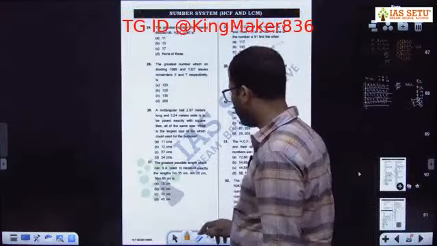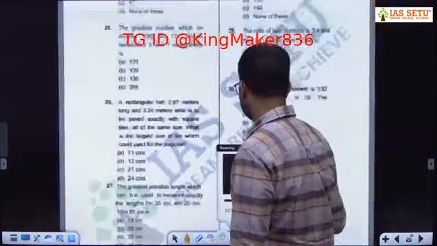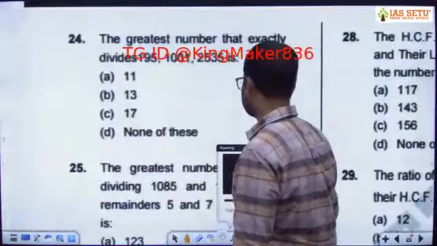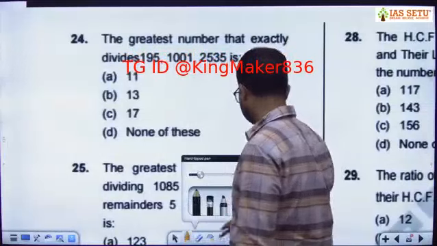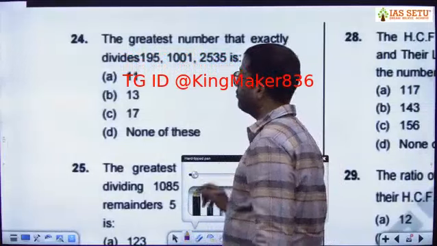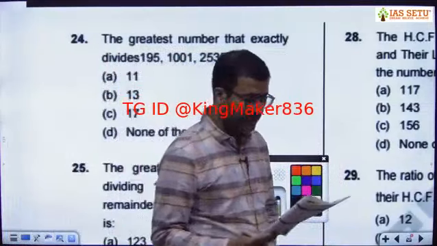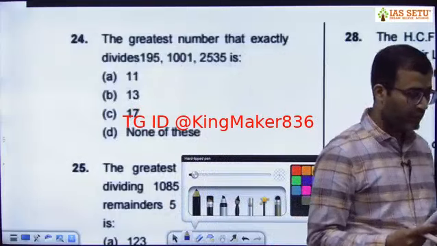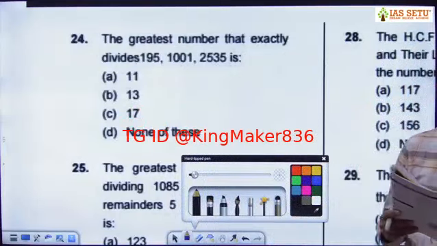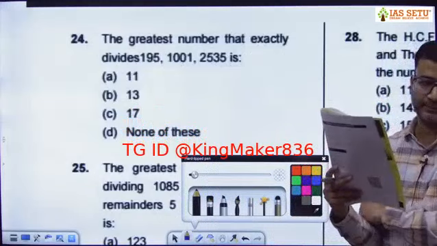It is of type 5 only. Let us discuss this question. Then I will take type 6.